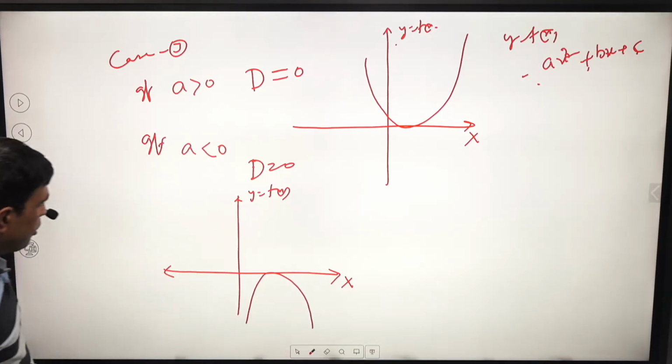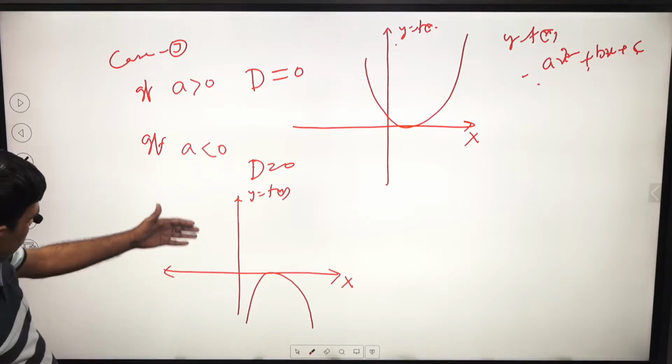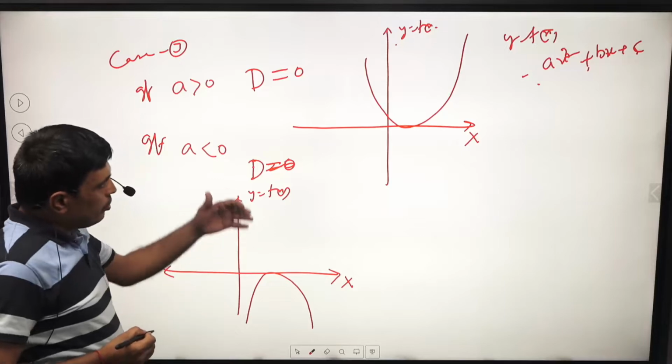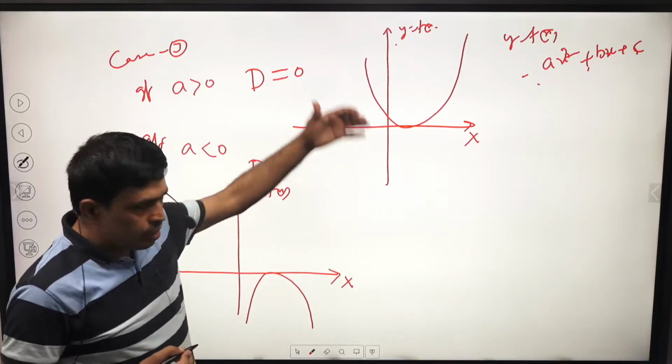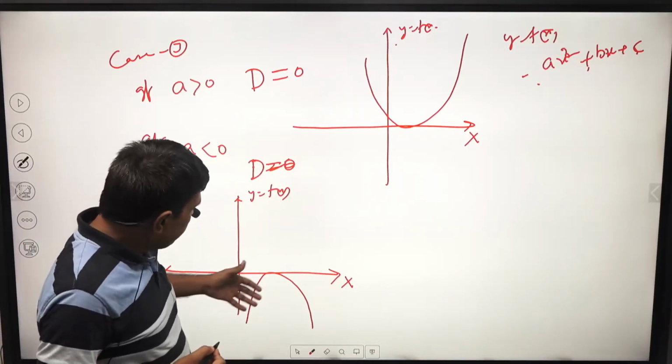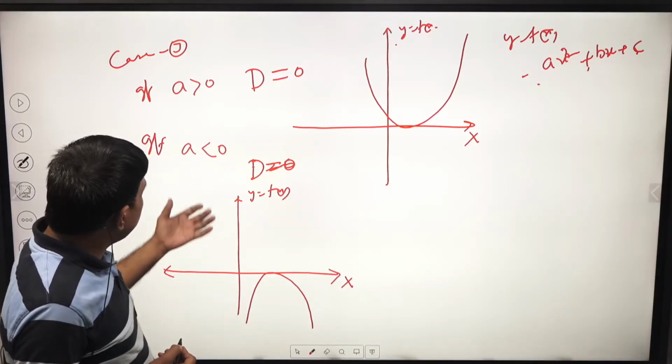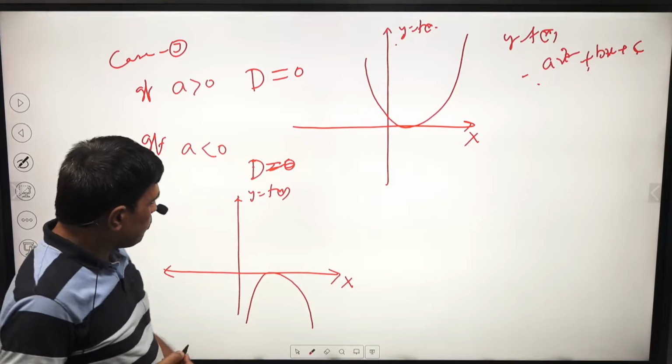So if D is equal to 0, that means the curve of the quadratic expression touches the x-axis. These are the basic nature of quadratic expressions.